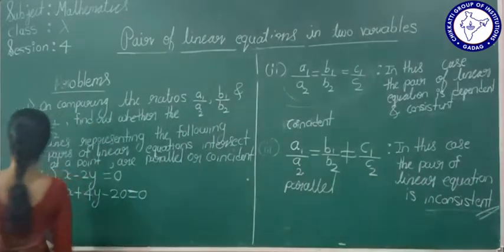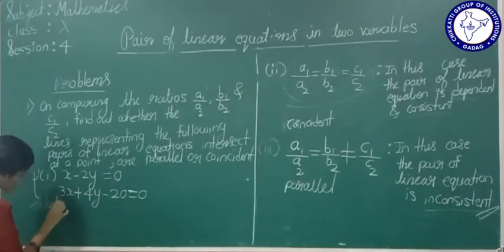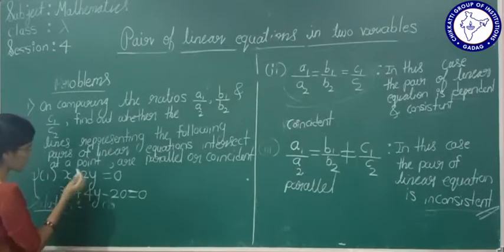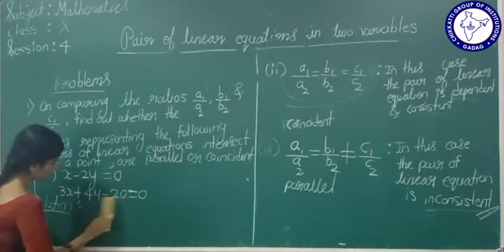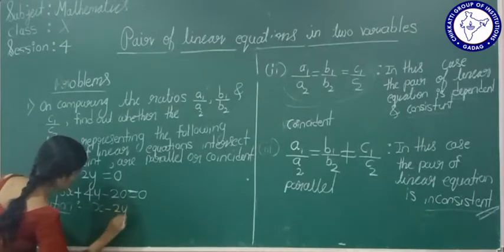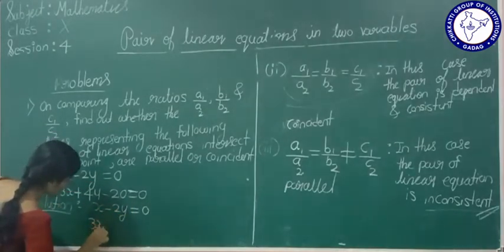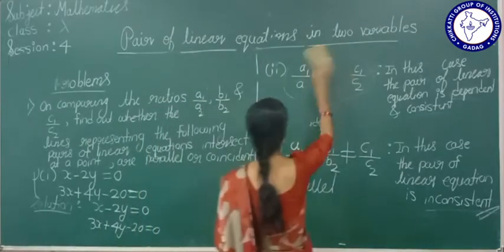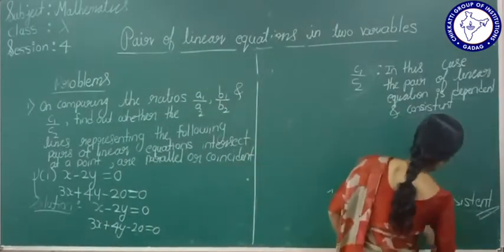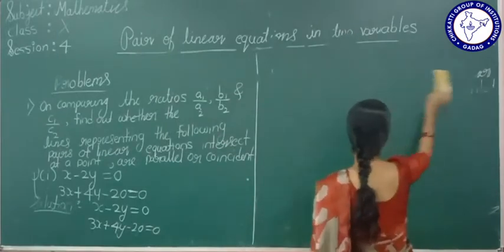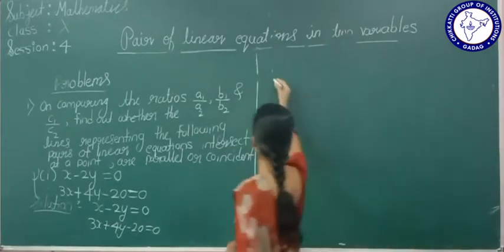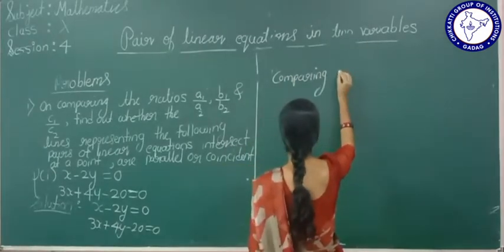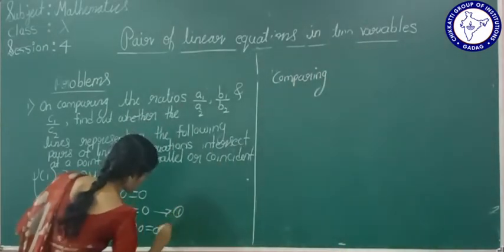Okay, we will see. Solution: comparing these equations, you can write again whatever is given: x minus 2y is equal to 0, 3x plus 4y minus 20 is equal to 0.